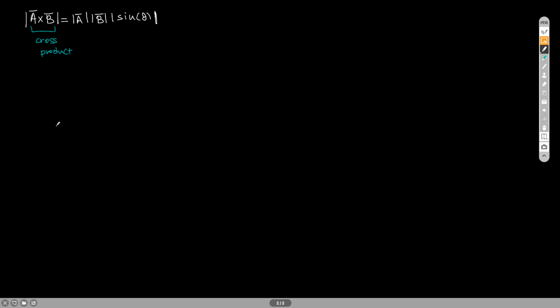Let's say this is vector A, and let's do vector B. It's pointing in the same direction, but is half the length. So let's say in this case the magnitude of A is equal to the square root of 2.